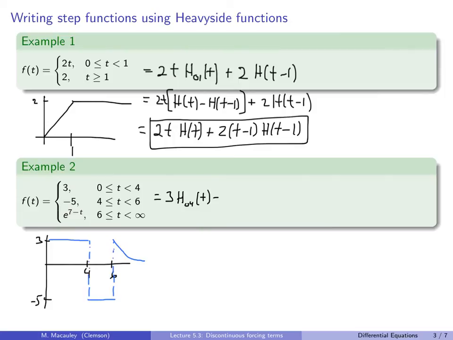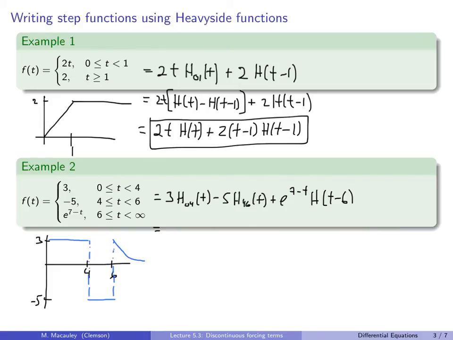And then the second one is the function negative 5, so I'm going to write that as minus 5 times the interval function from 4 to 6. And then this last piece here is e to the 7 minus t, so plus e to the 7 minus t times the shifted Heaviside function, that's h of t minus 6.